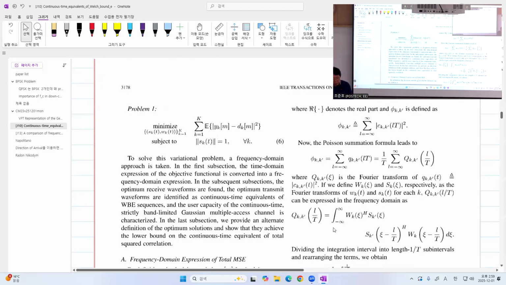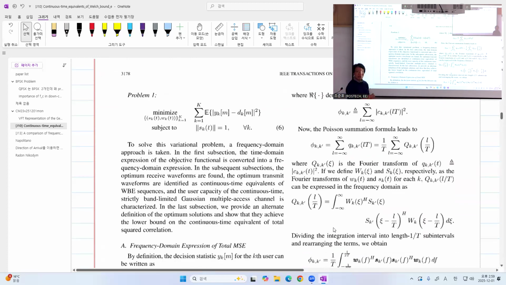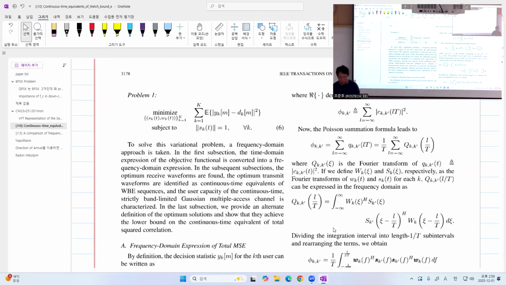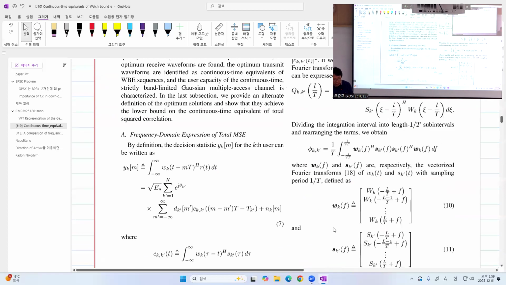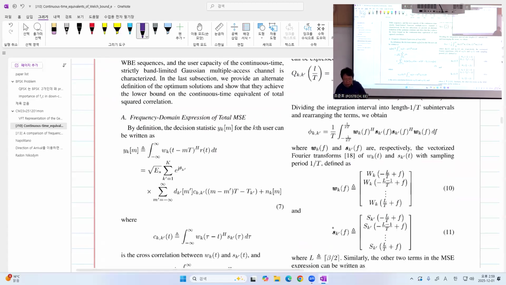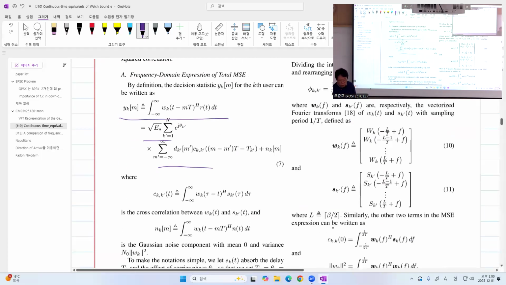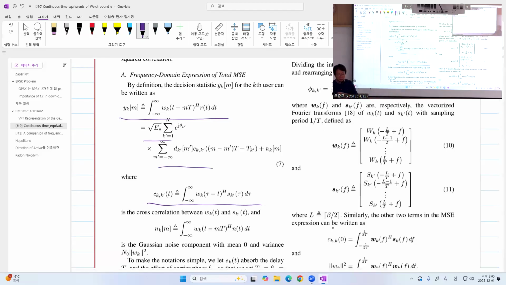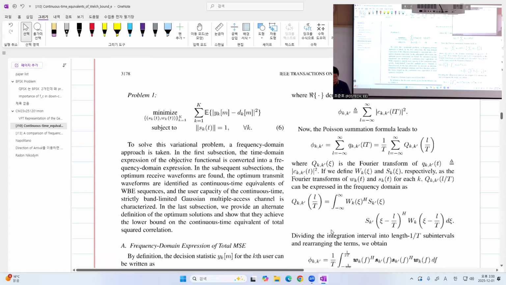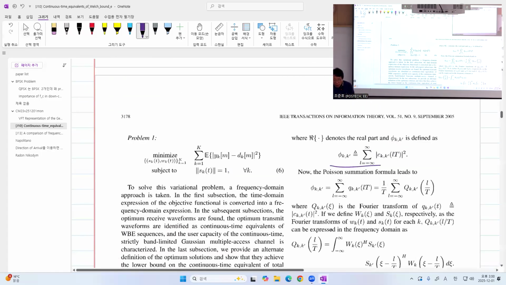And the procedure is very similar to the 2004 paper. That's why I could write it. So let's see. You see something very similar, right? And what we do is that we usually convert this type of inner product using what? Vectorized Fourier transforms, and then in the frequency domain we exploit cyclostationarity. So whenever we have an infinite sum, that's good, right?